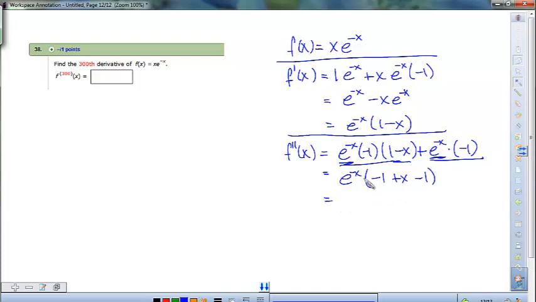So now it looks like I have e to the negative x, and then this looks like a negative 2 plus x, or e to the negative x, and then x minus 2.